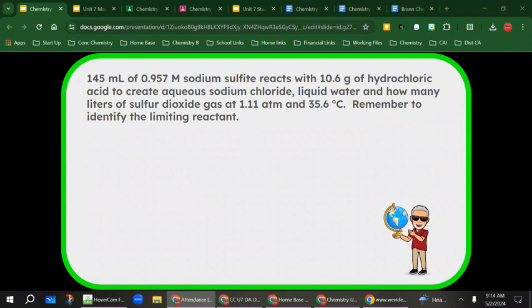You don't even need the back of here for this one. Why? Because it tells you what state everything is. It just says sodium sulfite reacts with. But it's giving you a molarity and a volume, which means it has to be a solution, which means it has to be aqueous.